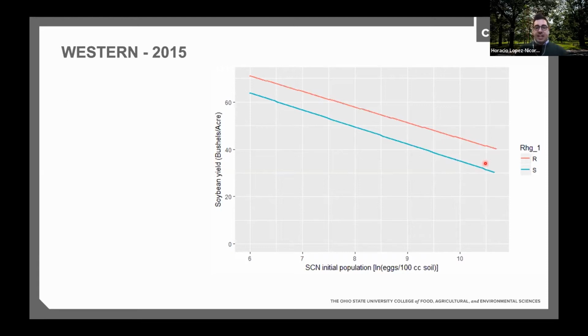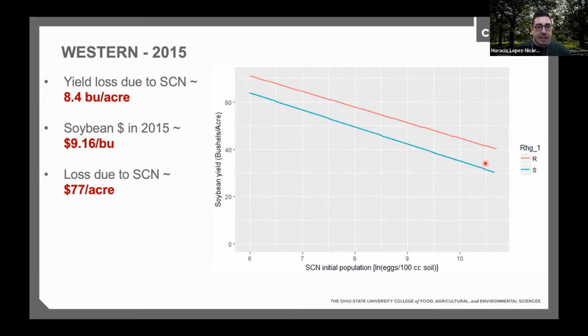If we just get the average of resistant and susceptible and plug it into this simple exercise, we realize that by choosing a resistant line in a field that had soybean cyst nematode, we were increasing our yield by 8 bushels per acre.